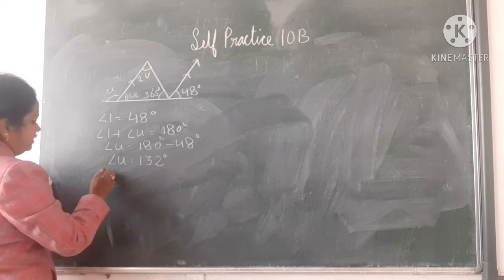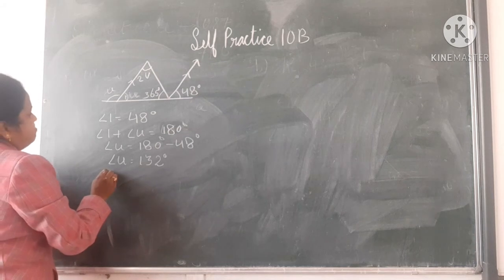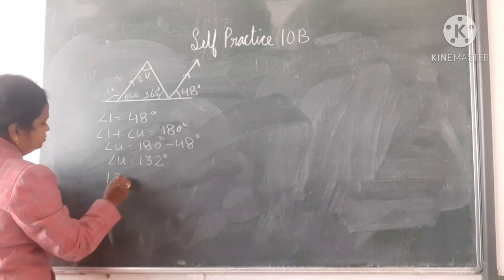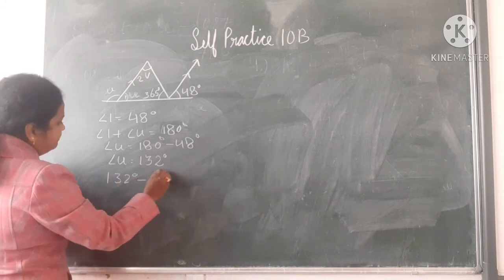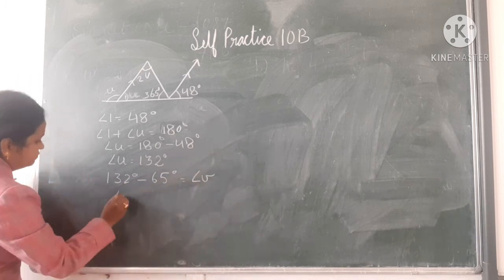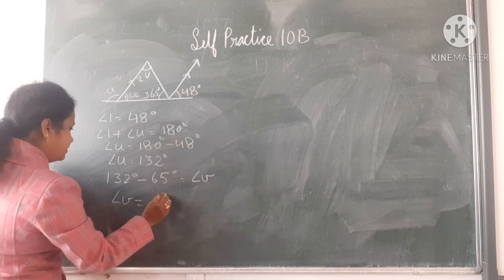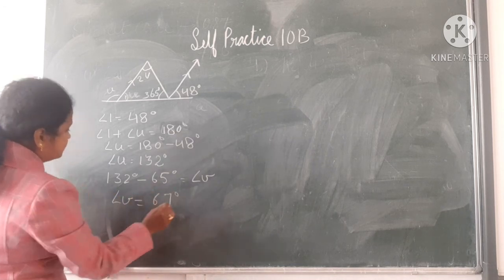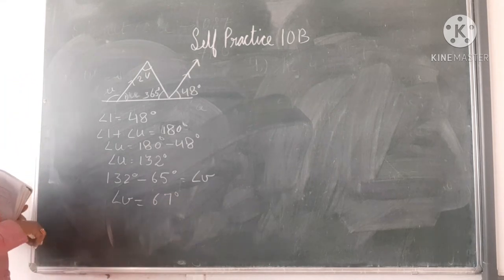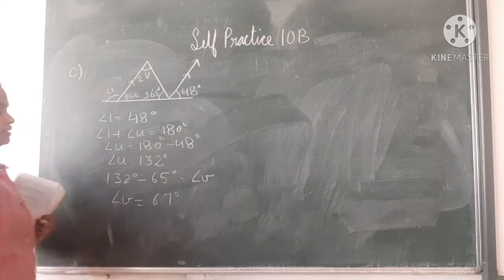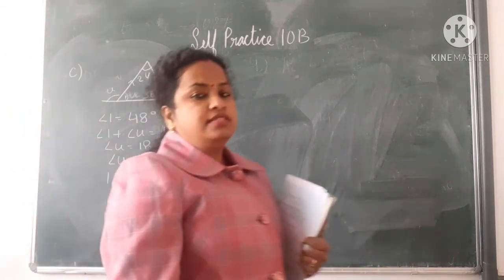What will be your angle V? 132 degree minus 65 degree is equal to angle V. The angle V is equal to 67 degree. Okay, U is 132 degree and V is equal to 67 degree.